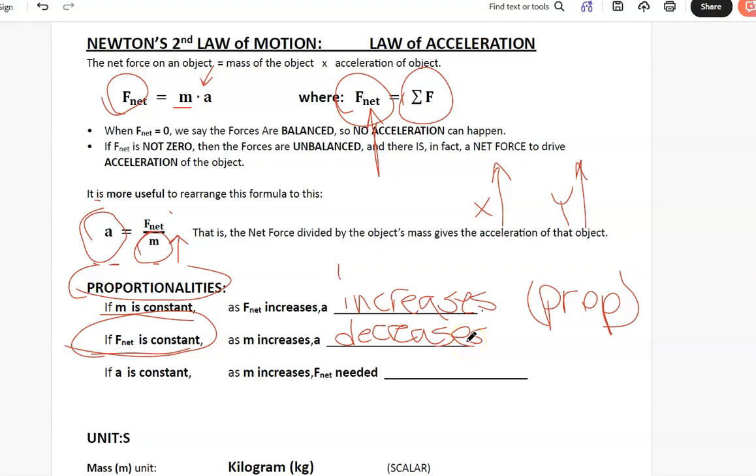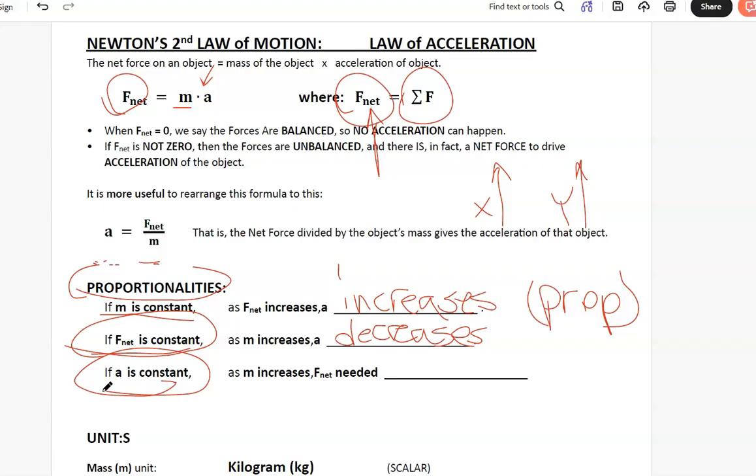The third example says if acceleration is constant. Okay, so now the only things we're concerned about are the relationship between the force, the net force, and the mass. All right, so acceleration is constant this time.